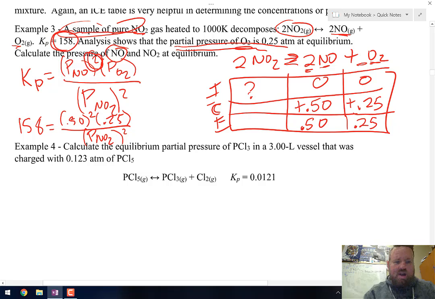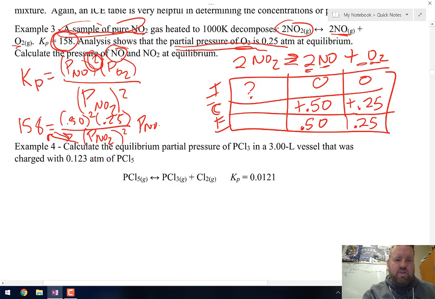So now to solve for the pressure of NO2, remember when you have a denominator and you're looking for that, you can switch. So I'm going to take 0.50 squared times 0.25 divided by 158. Okay, and that equals 3.96 times 10 to the minus fourth.